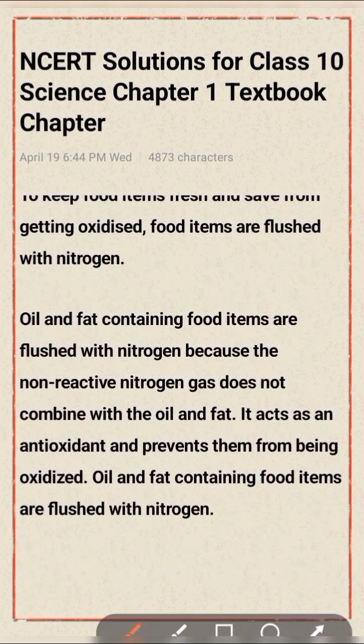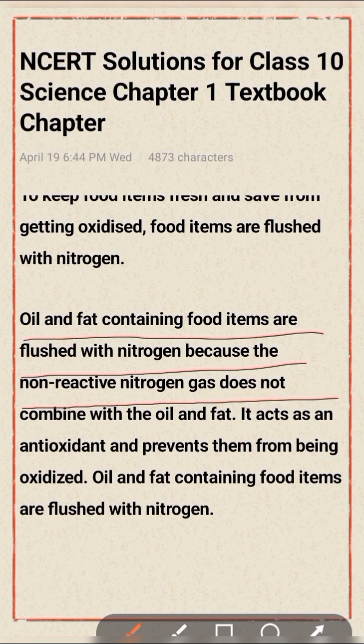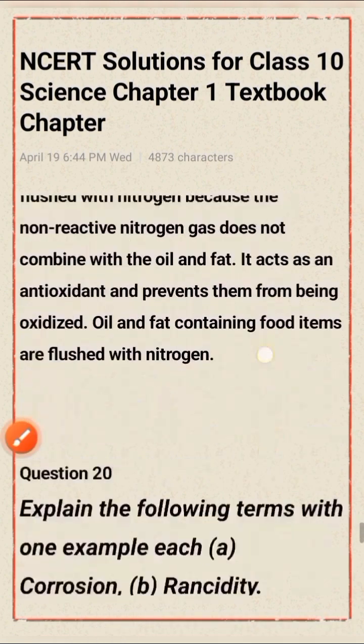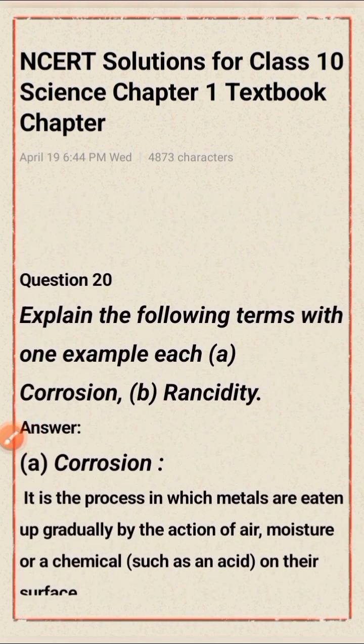Oil and fat containing food items are flushed with nitrogen because the non-reactive nitrogen gas does not combine with oil and fat. It acts as an antioxidant and prevents them from being oxidized. Okay. Next question, question number 20, the last question in this part.